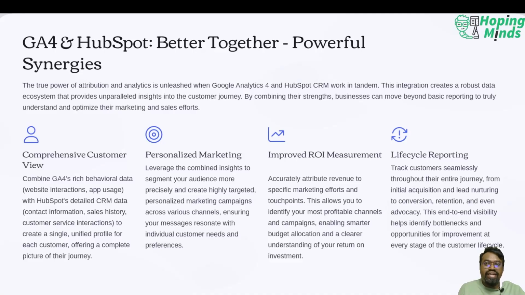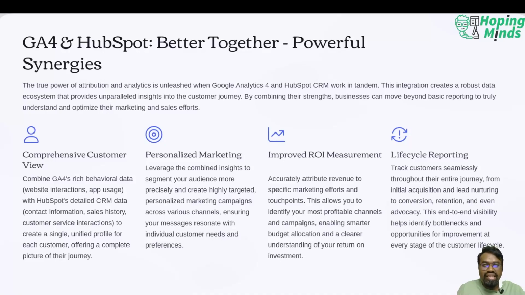Now if we integrate GA4 along with HubSpot, they both become very powerful tools, right? With the sync, they have powerful synergies, and with this GA4 and HubSpot integration, we can unleash the true power of attribution and analytics when GA4 and HubSpot CRM work in sync.